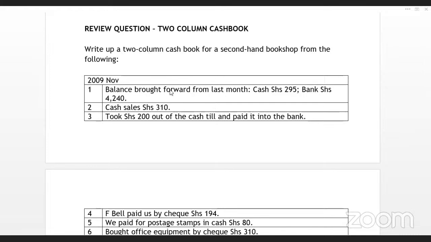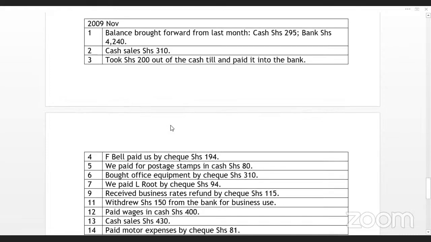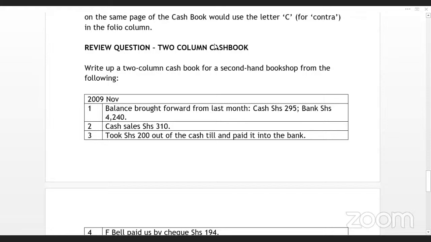We have different transactions there. As you can see, we are going to enter these transactions in the two column cash book. So let's see how we can do that. This is a second-hand bookshop.